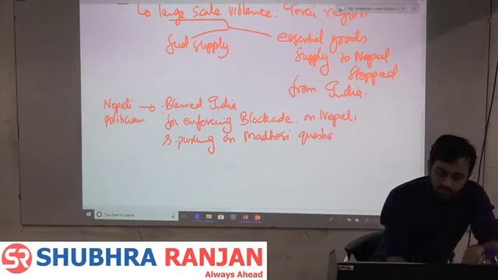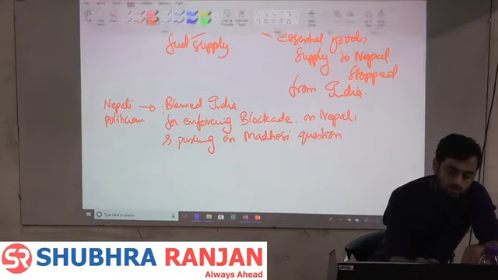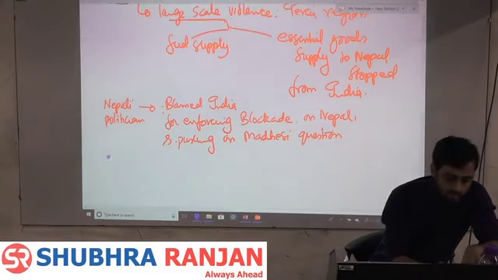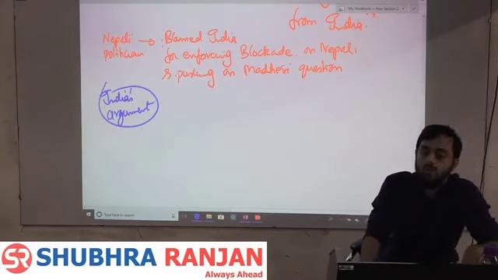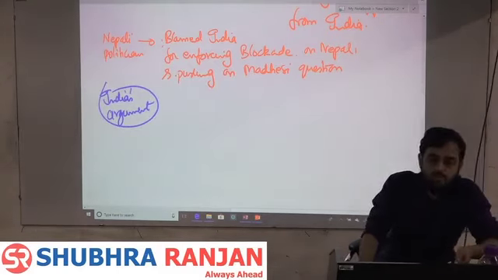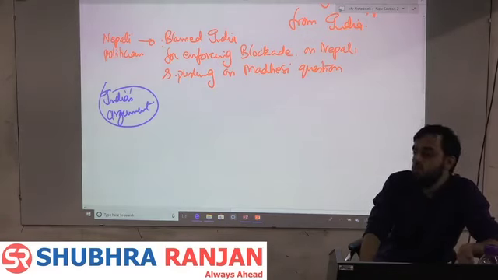India said that we are not enforcing any blockade. India's argument was that there is political instability and there is violence in the Terai region, because of which no transporter is willing to take fuel.